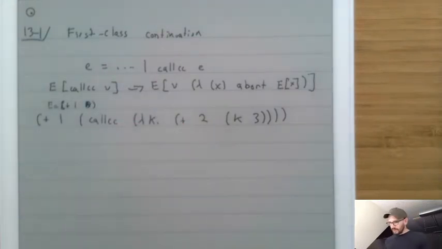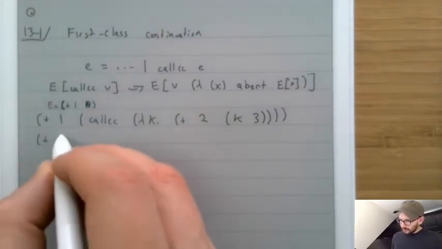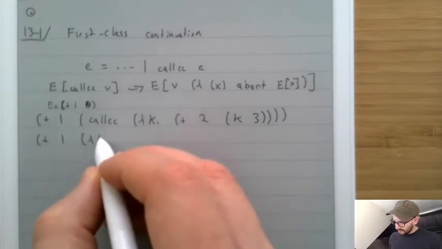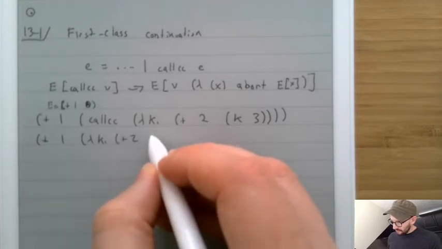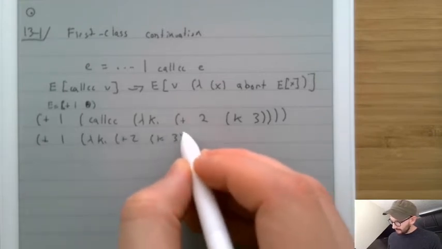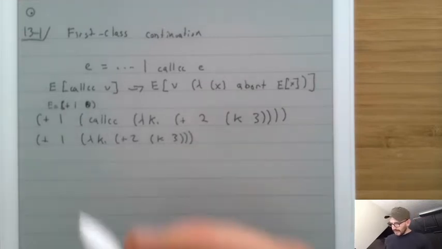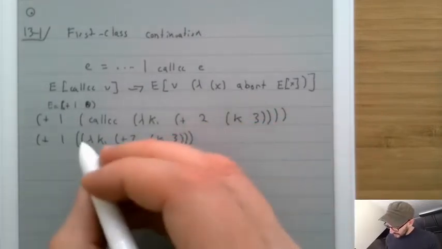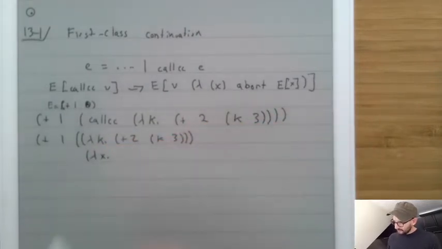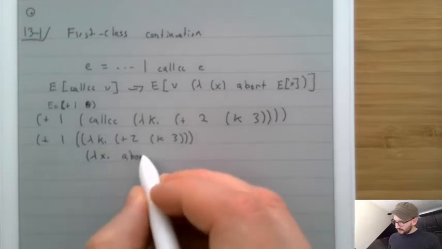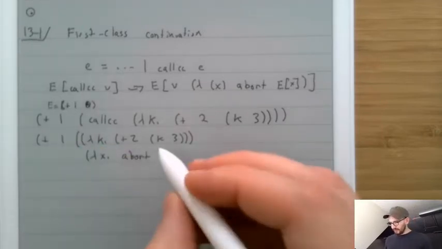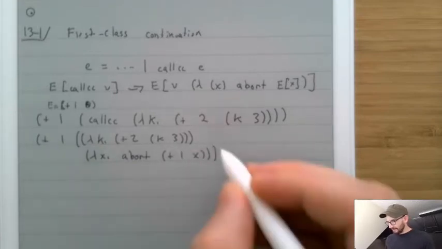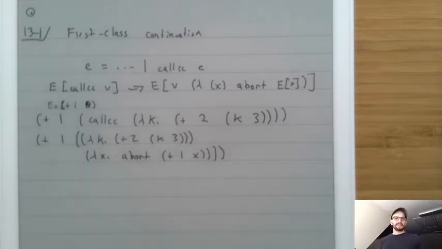So that means we're going to get +1, and then we have this v, which is that lambda right there, +2 k3. And we're going to call that function with this lambda right here, lambda x, abort. Then we take the E context right there, and we write +1x. Okay? So that is the very next step.